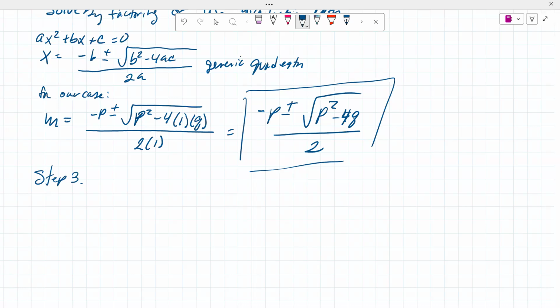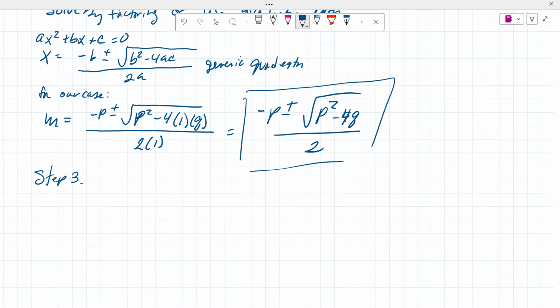Okay, so step 3 is we need to figure out which case of roots we have, and then we'd use the appropriate solution for that. Again, we'll have some nice forms from our mathematical friends who have already solved these problems.